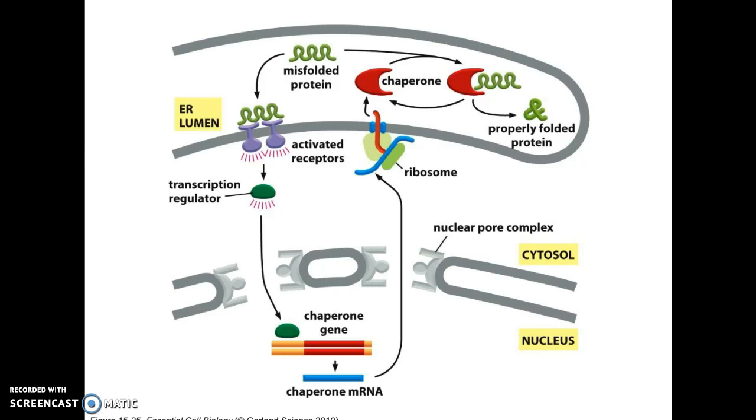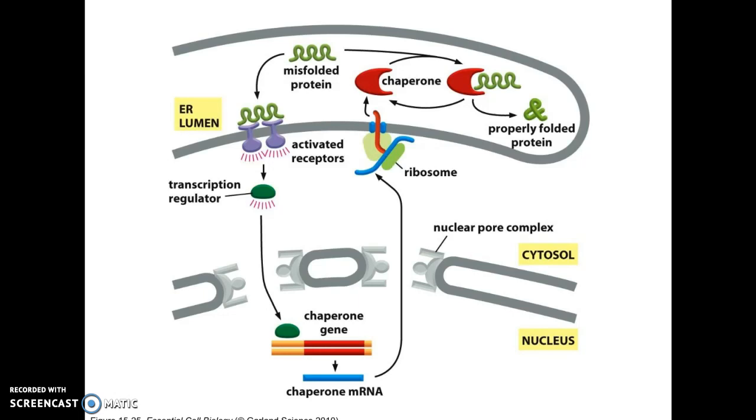And remember, RAN, GTP, and the transporter proteins help you to move into the nucleus. The transcription factor is going to move into the nucleus and bind to the promoter for more chaperone proteins.